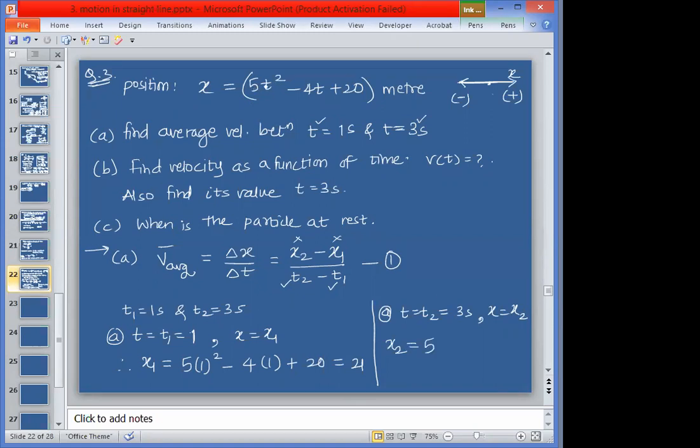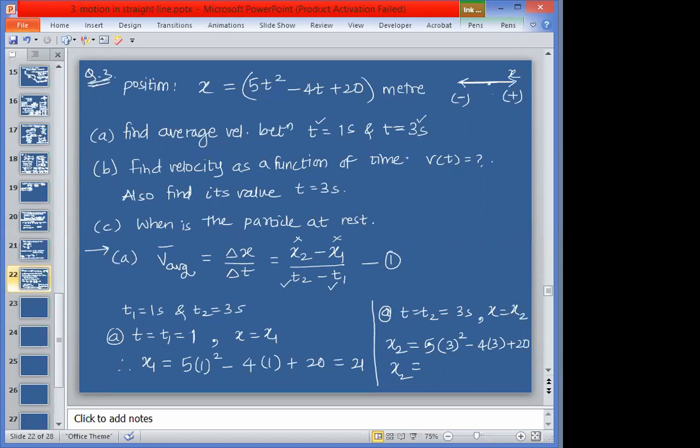So 5 into t squared, replace the time with 3 seconds. 5 as it is, t squared, minus 40 plus 20. Tell me the final position. Put the initial time here, get the initial position. Put the final time, get the final position.